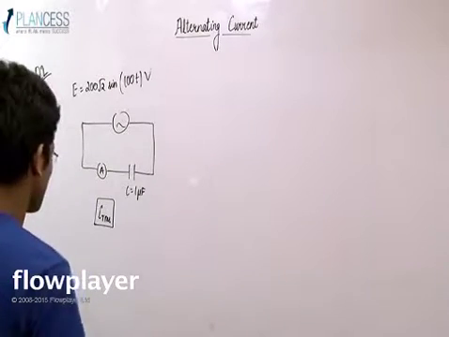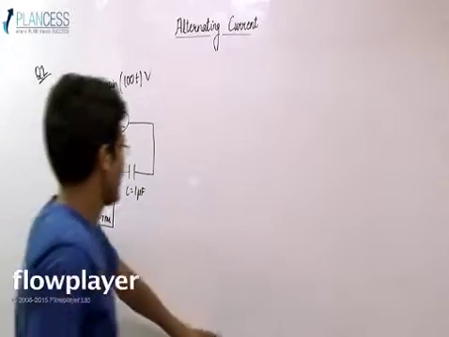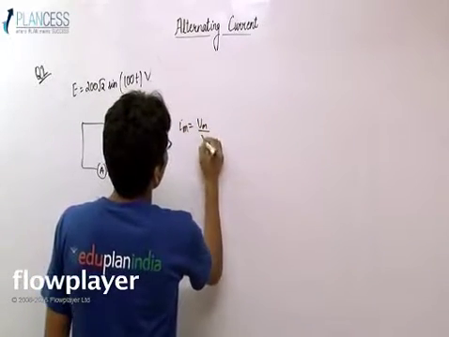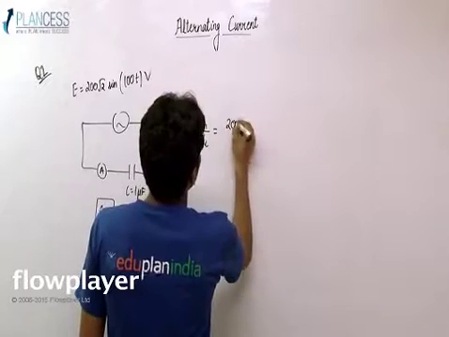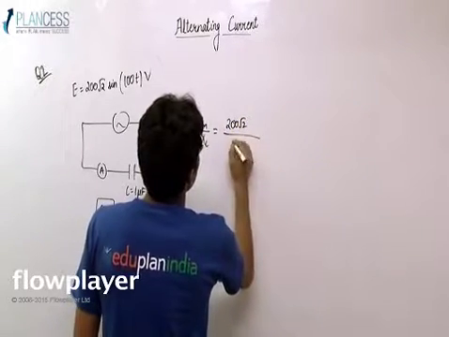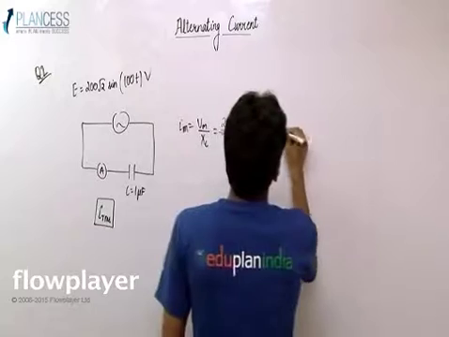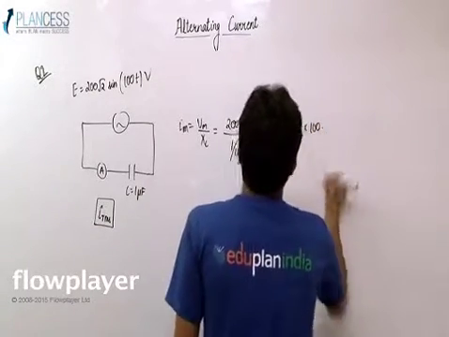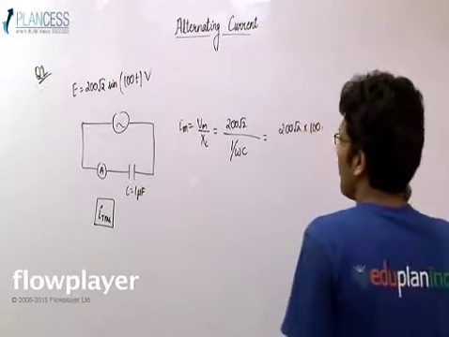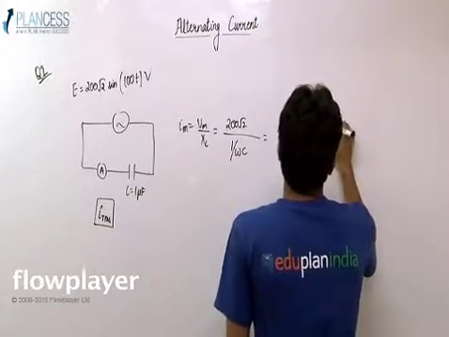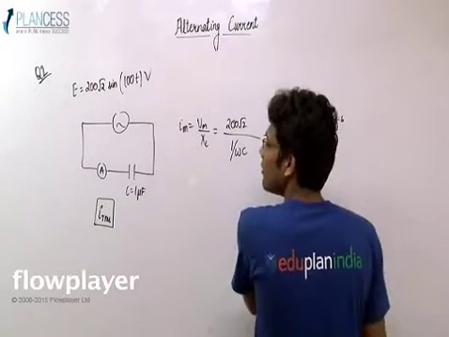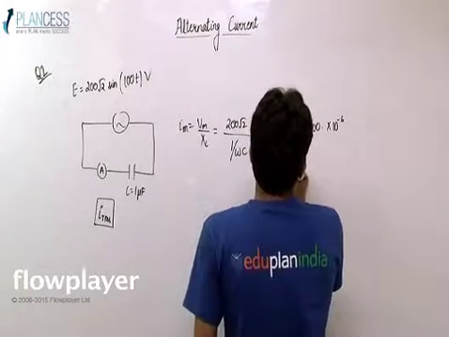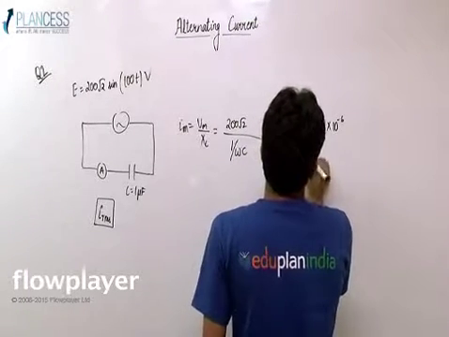We know from the formula that Im is equal to Vm upon Xc. Vm is given to be 200√2, upon Xc, which would be 1 by omega C. So 200√2 into omega, which is 100, into C, which is 10 to the power minus 6 farad, and this would be the value of Im, which would be 2√2 into 10 to the power minus 2.